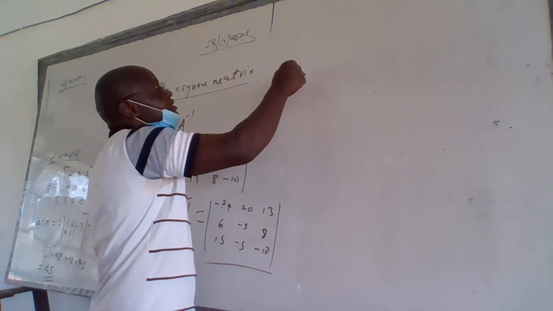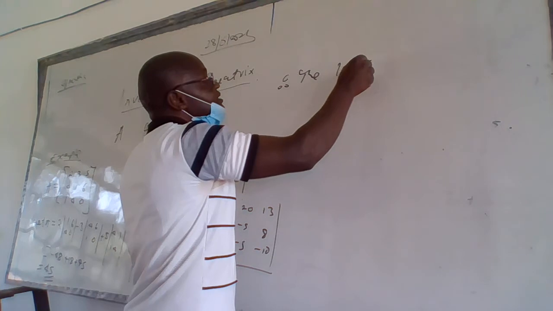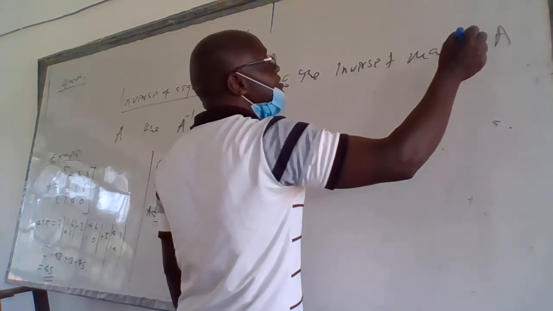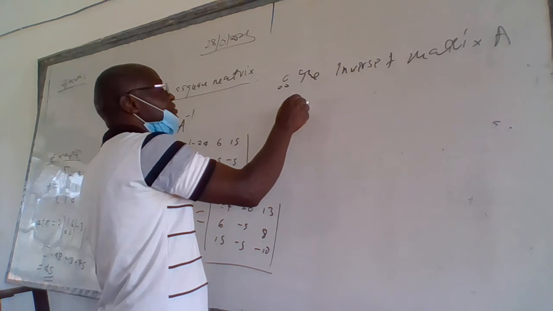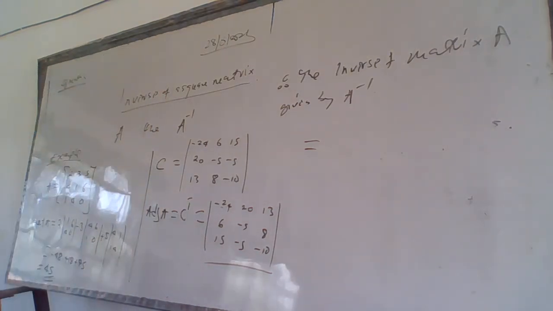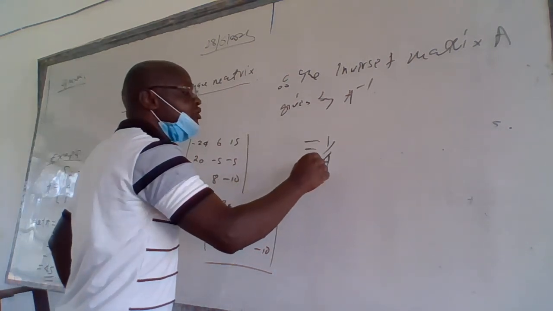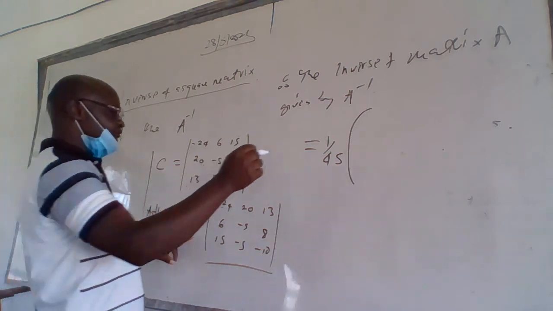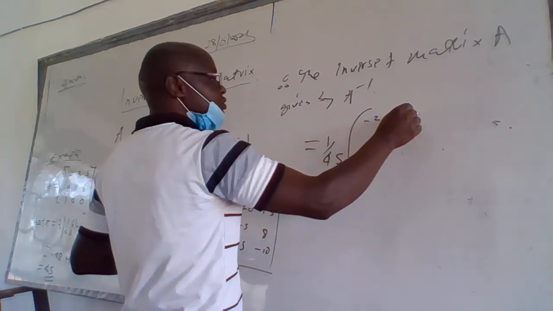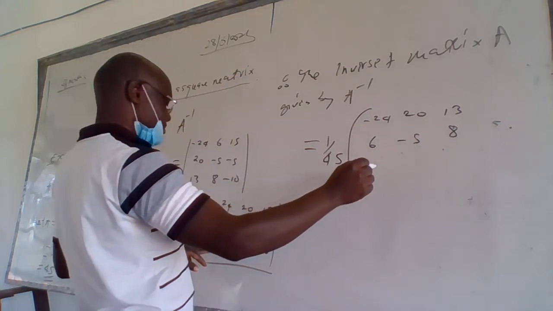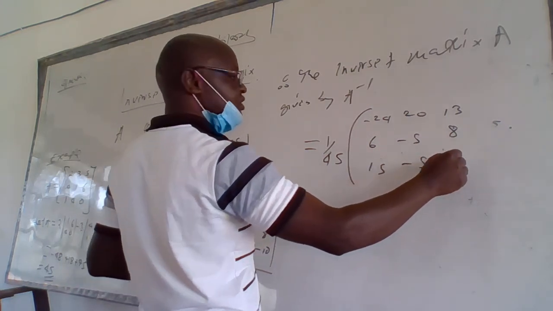Therefore, the inverse of matrix A will be equal to 1 over 45, since our determinant was 45, times the adjoint of the matrix, which is negative 24, 20, 13, 6, negative 5, 8, 15, negative 5, negative 10.